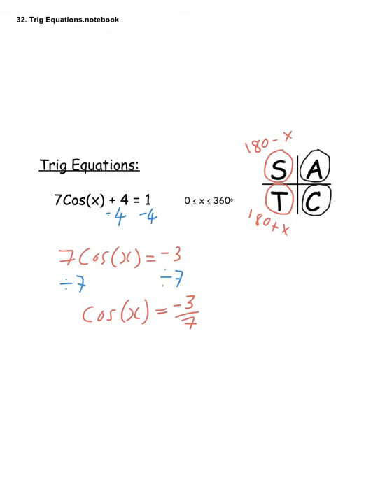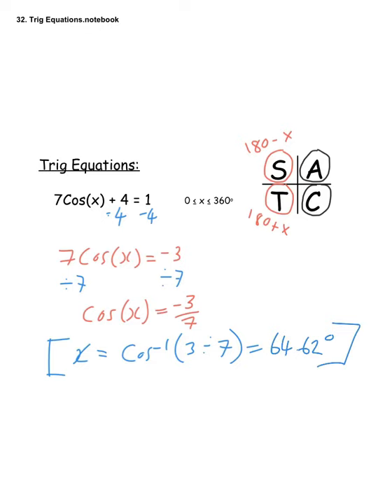Okay, so if we find our inverse cos, and I'm going to put this as an aside because this doesn't want to be part of our answer, we're going to be saying that the inverse cos of 3 divided by 7 is equal to 64.62 degrees.